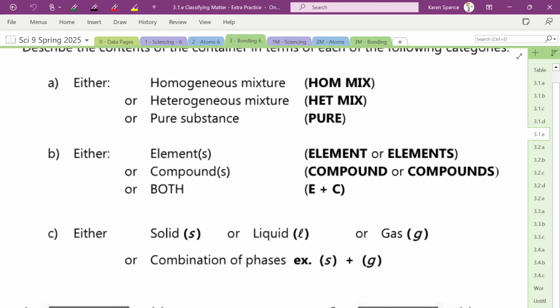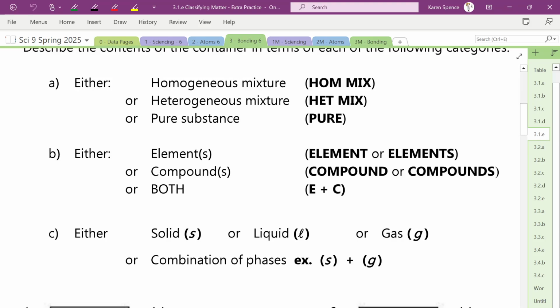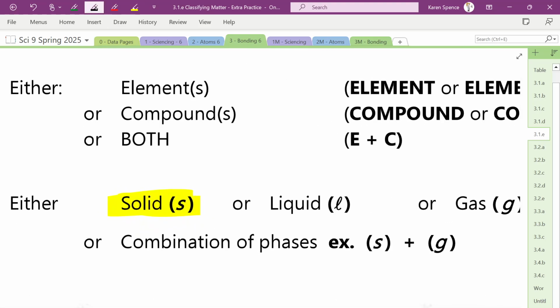These ones also ask you, so this is page 18, if it is a solid. Solids are going to be really organized, because solids tend to have organized particles.